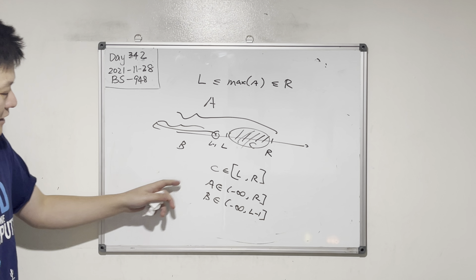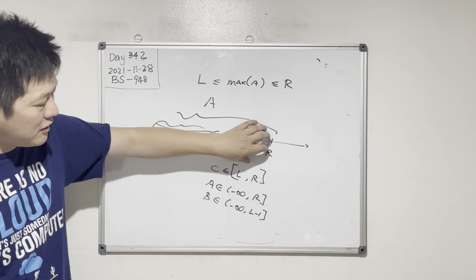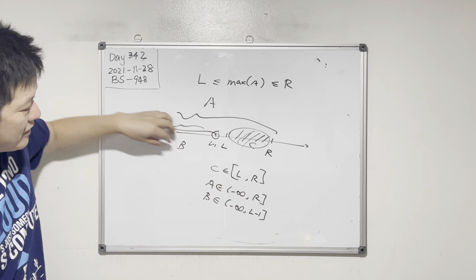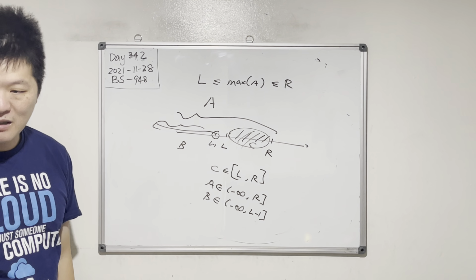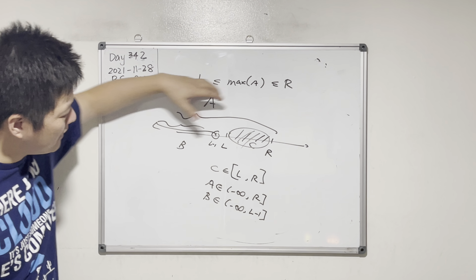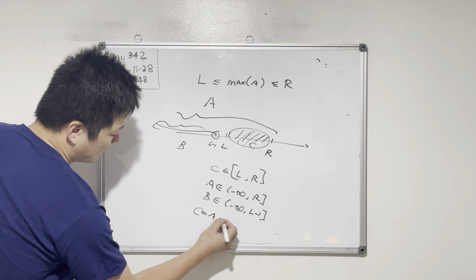So what's the answer C? Come on, from the graph. I know this bit and I know this bit. So C equals what? A minus B, exactly. C equals A minus B.